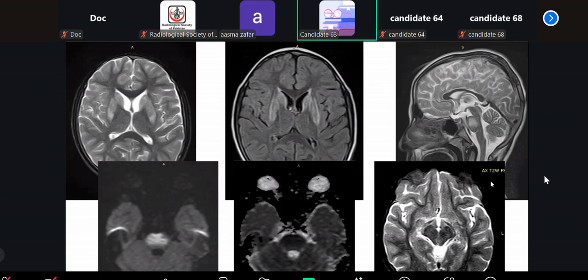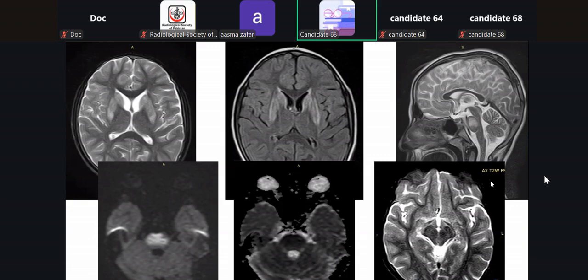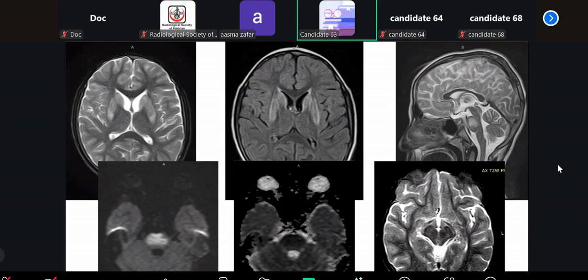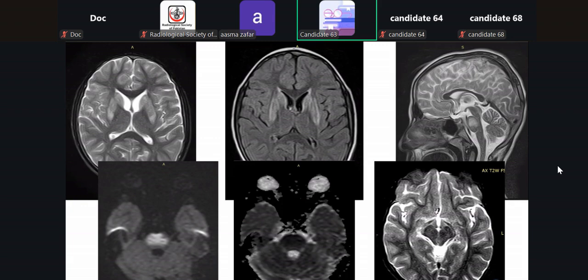The midbrain is showing two hypointense signals. So, some metabolic disease.